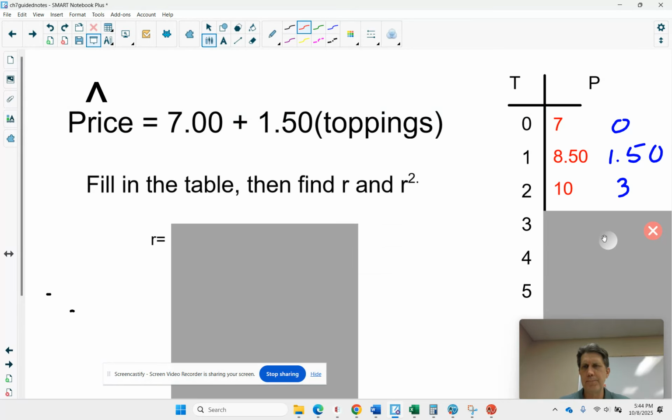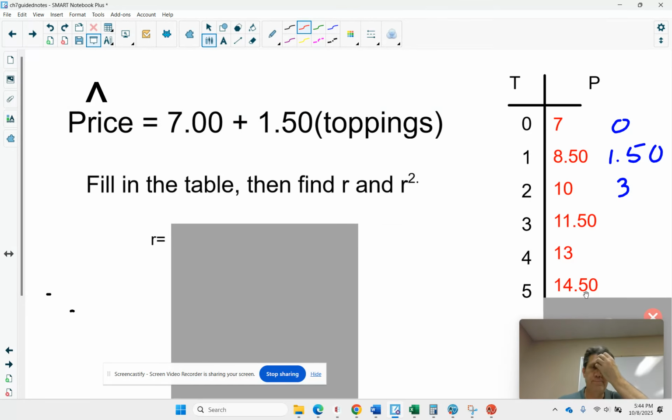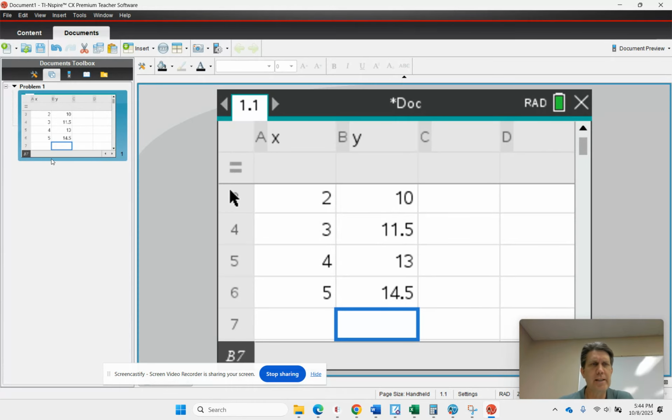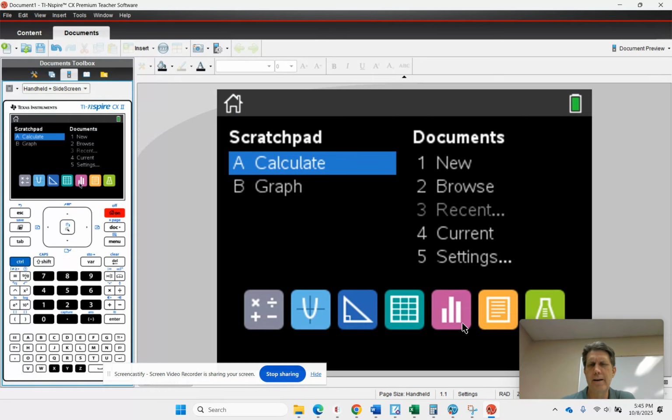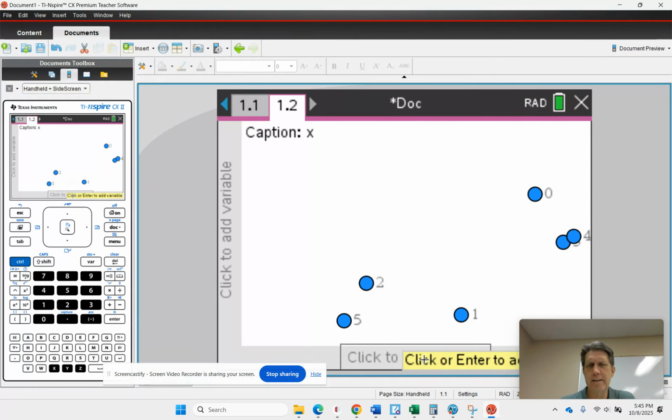Let's see. Okay, so if you're doing the Inspire, we go ahead and add a data and statistics page.